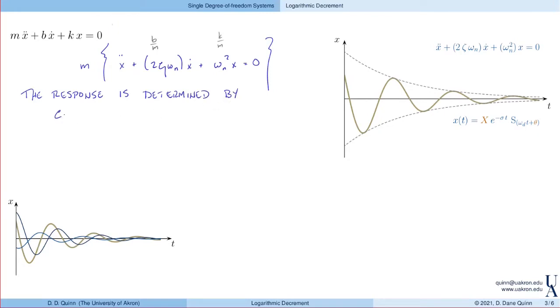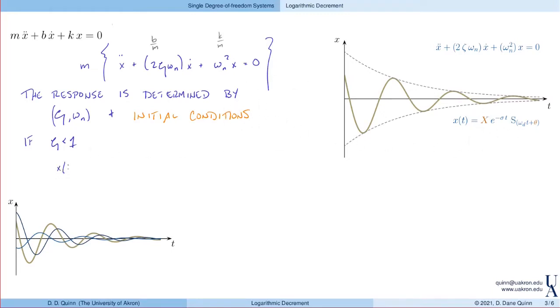So those are, again, the damping ratio and natural frequency. So it's these, and of course, the initial conditions. For an underdamped system, again, if zeta is less than 1, then I can actually write the solution as I've done over here.